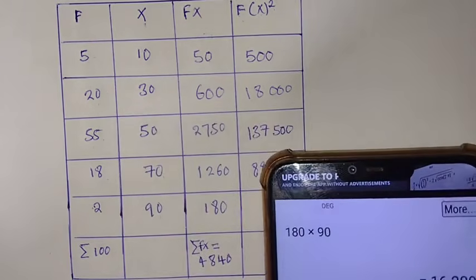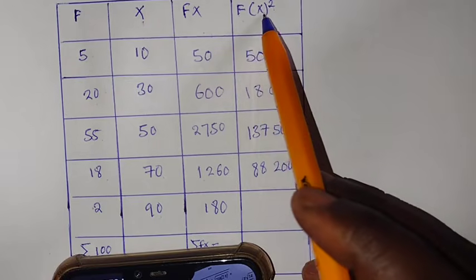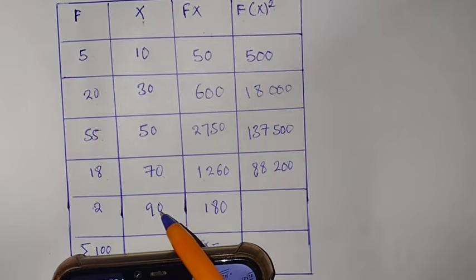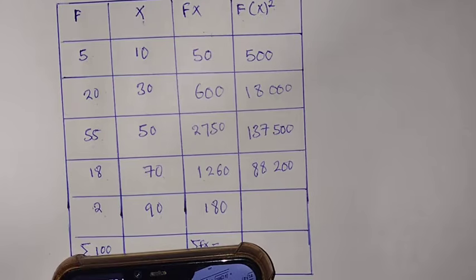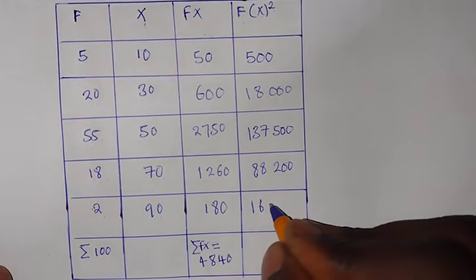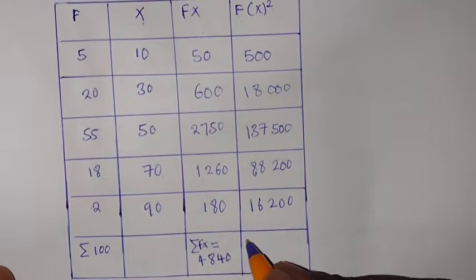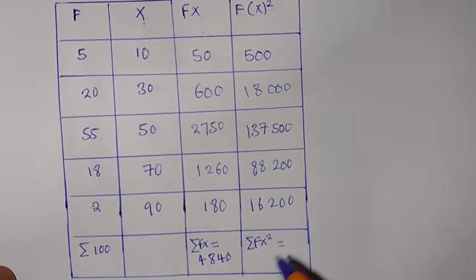Remember what I've explained. If you don't want to be punching like this, since they are saying f and x squared, x is the midpoint, so you can get this midpoint, square it, and then multiply with f. That's what they are doing there. So here we write 16,200. Then we can find the summation of fx squared, which is this one.